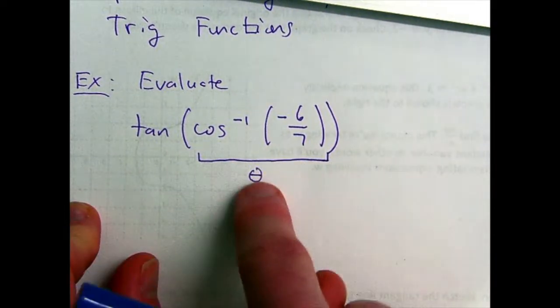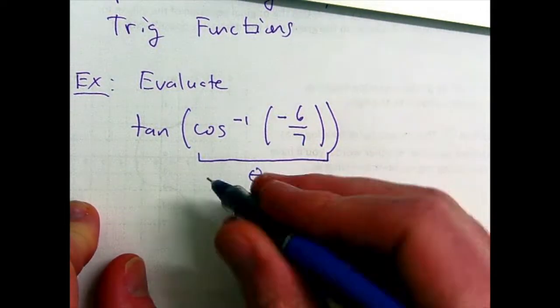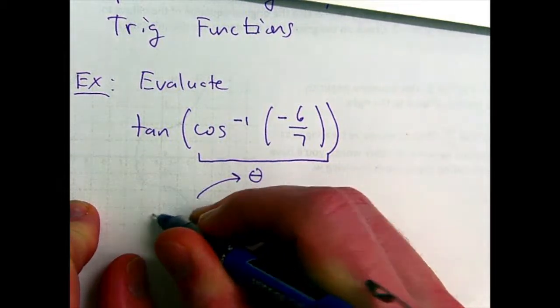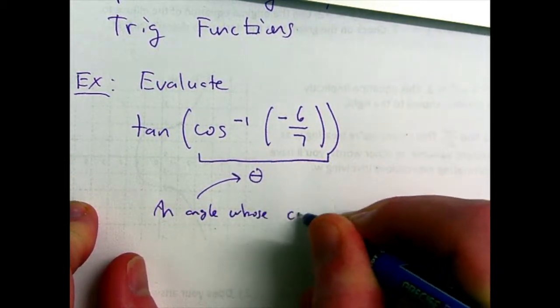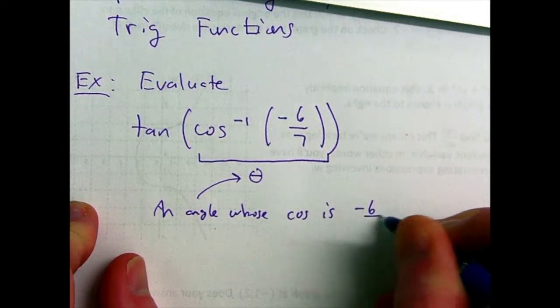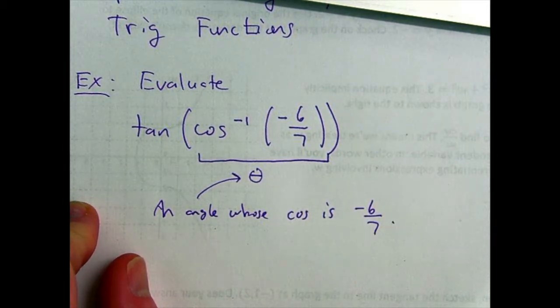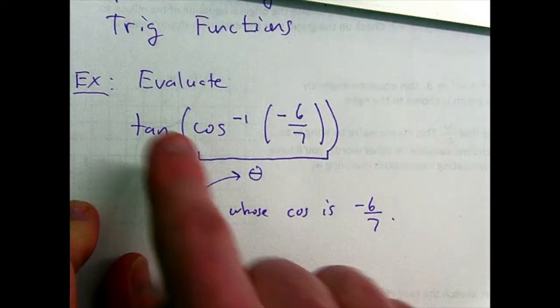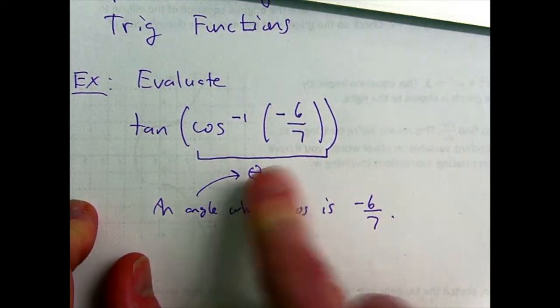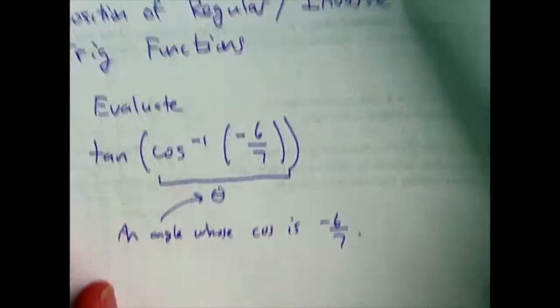All I can tell you is that this angle theta is an angle whose cosine is negative 6 over 7. That's really all that I know about this object. I don't know what theta is. Now, interestingly, you don't have to figure out what theta is in order to find the tangent of theta. Sort of surprising, but true.